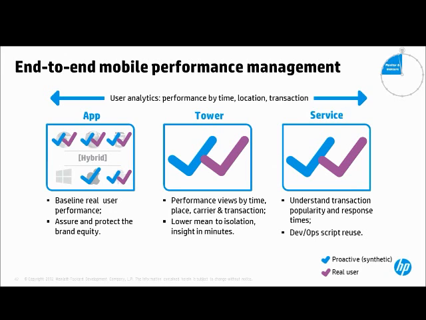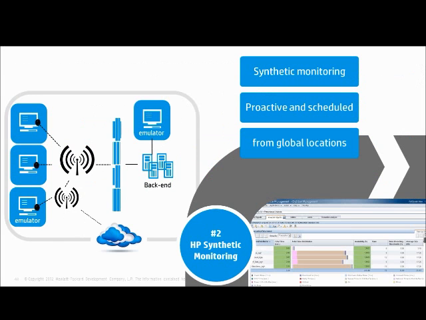So this is a proactive and scheduled way of measuring performance of mobile applications, and we can conduct this from various global locations. And you can see on a dashboard, again, similar statistics with respect to the carrier, with respect to the transaction, with respect to the location that the user is coming from, what is the typical response times that the users are experiencing at any given time during the day.